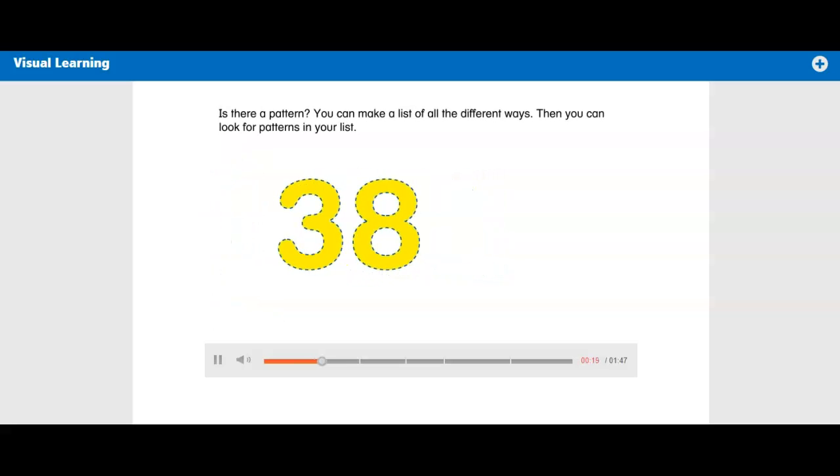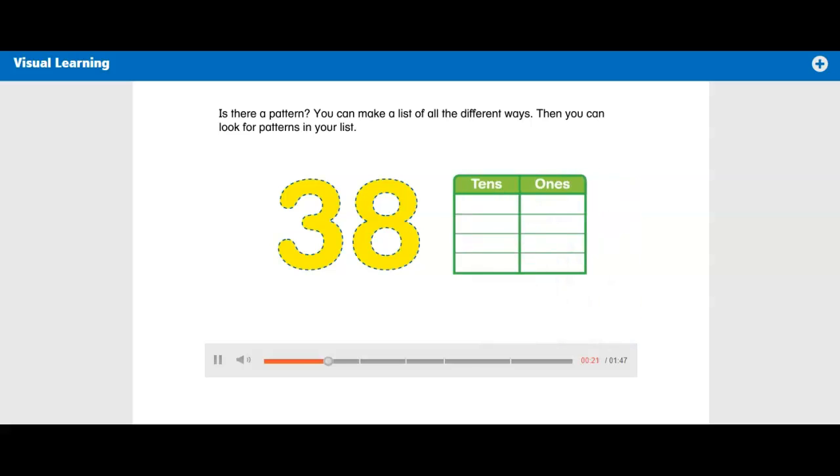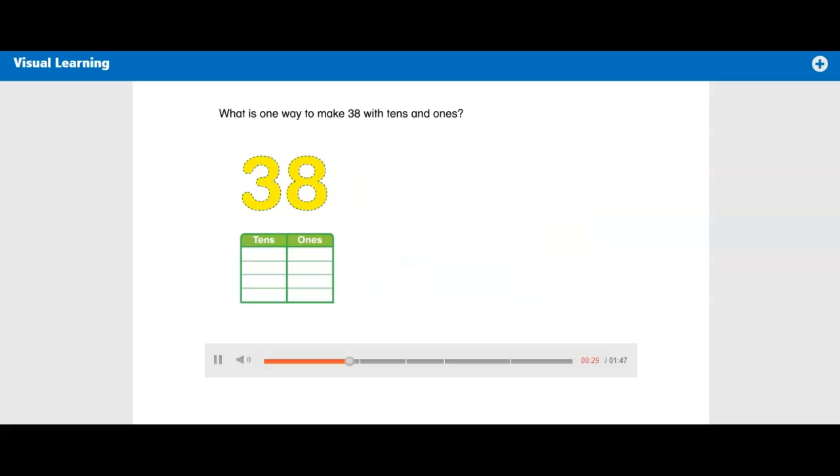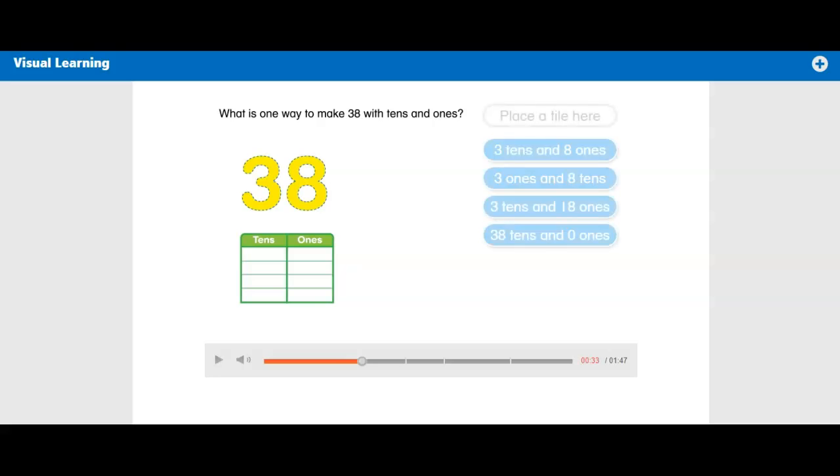Is there a pattern? You can make a list of all of the different ways. Then you can look for patterns in your list. What is one way to make 38 with tens and ones? Select your answer.